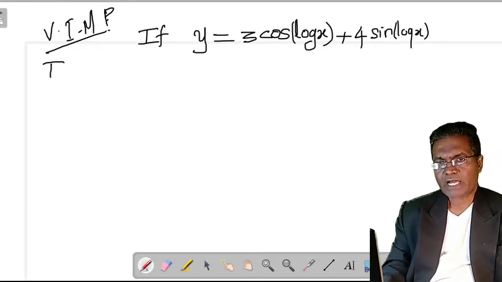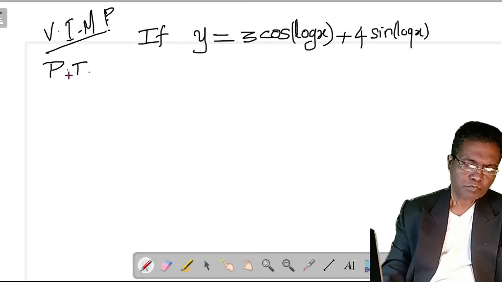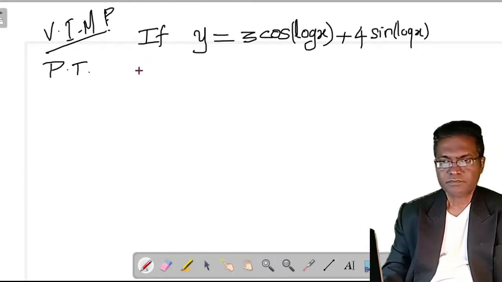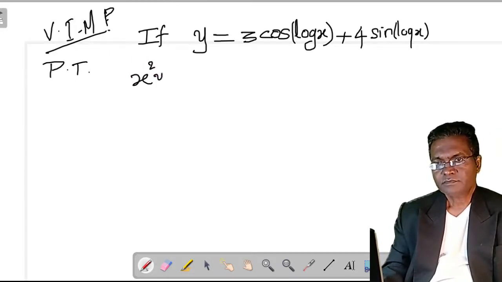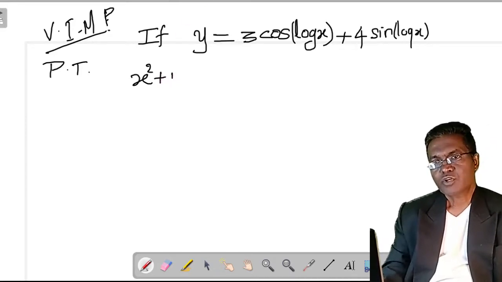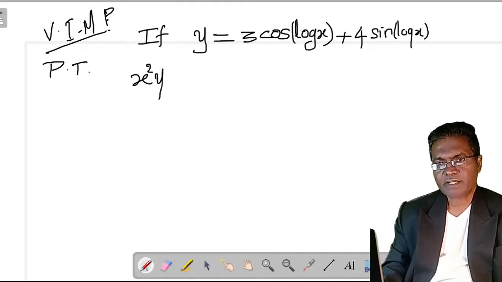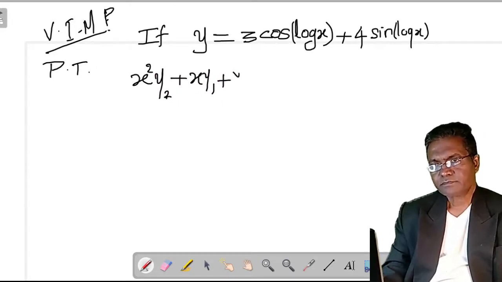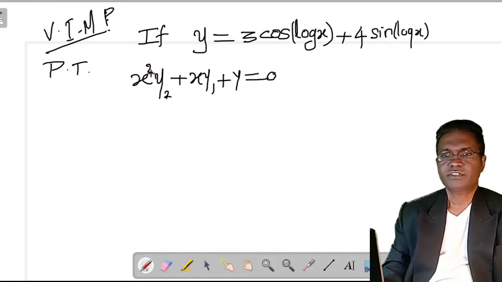Prove that x square y2 plus x y1 plus y equals to 0.